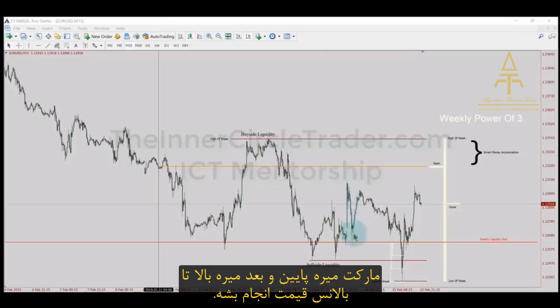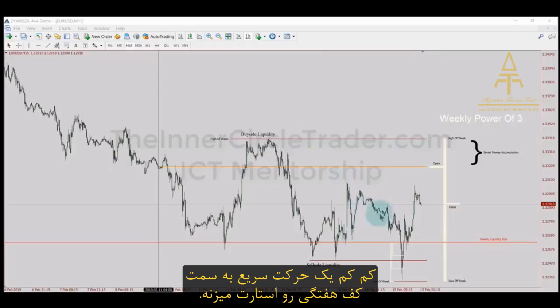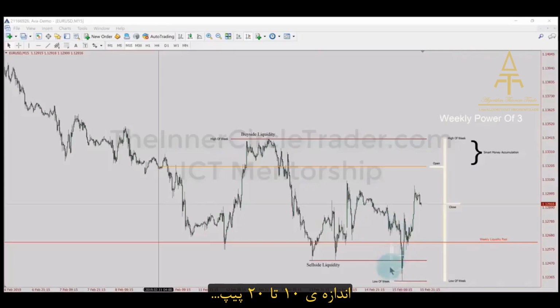The market trades down lower, comes back up, rebalances, and then drifts, and then makes an aggressive run down to make the low of the week. Here's our 10, 20, and 30 pip grade swings below that weekly liquidity pool.